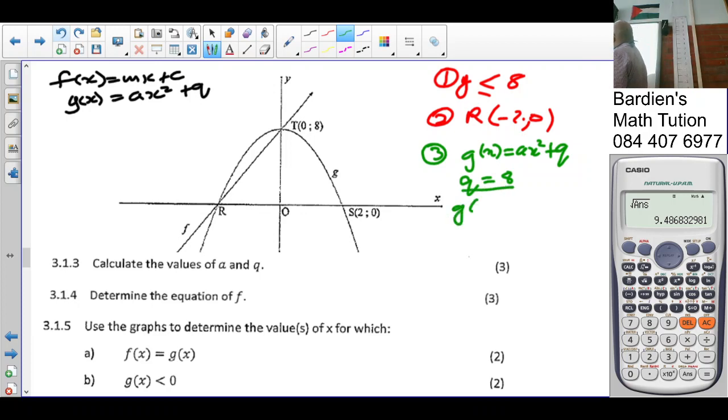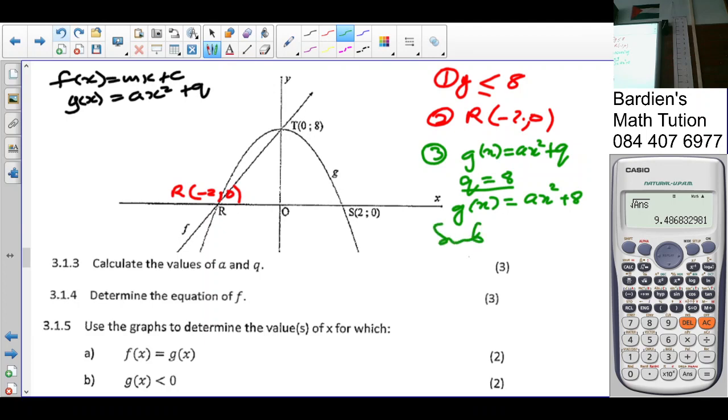So in other words, my equation now reads g of x is equal to ax squared plus 8. Now what? How are we going to calculate a? We're going to substitute. What are we going to substitute? S, which is (2;0). Not so? There's an x and a y. So 0 is equal to a times 2 squared plus 8.